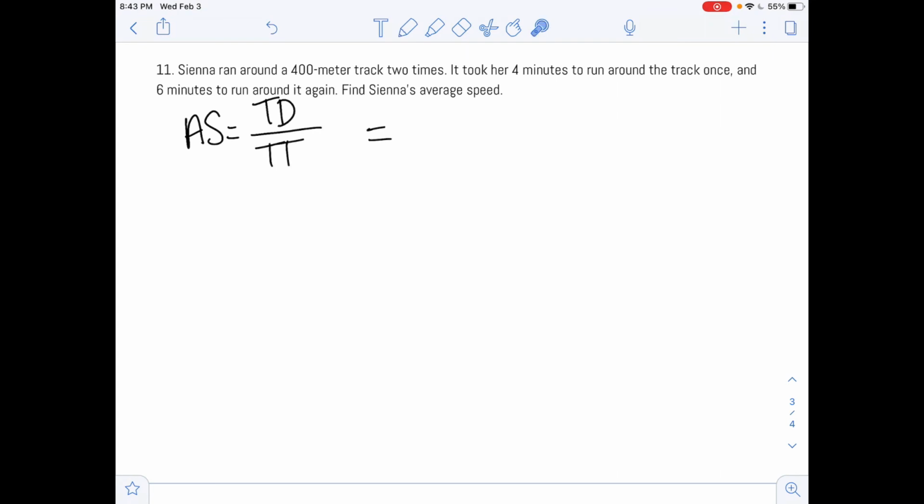Her total distance, she's running around this 400-meter track 2 times, so her total distance is 800 meters. Her time, she runs 4 minutes and then 6 minutes, which makes 10 minutes. Now we can divide and find that she runs an average of 80 meters per minute.